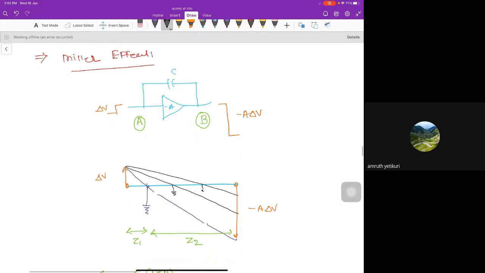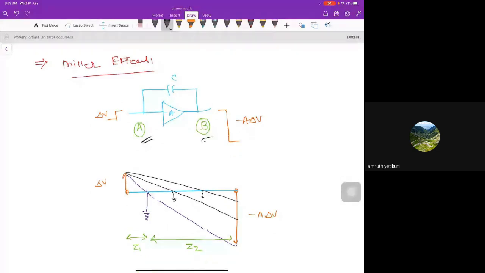And see, there are two nodes A and B. Across these two nodes we have two parallel paths: one direct and one with gain minus A. Minus A is an inverting gain. If we apply a delta V perturbation here, I will get minus A times delta V at the other node.